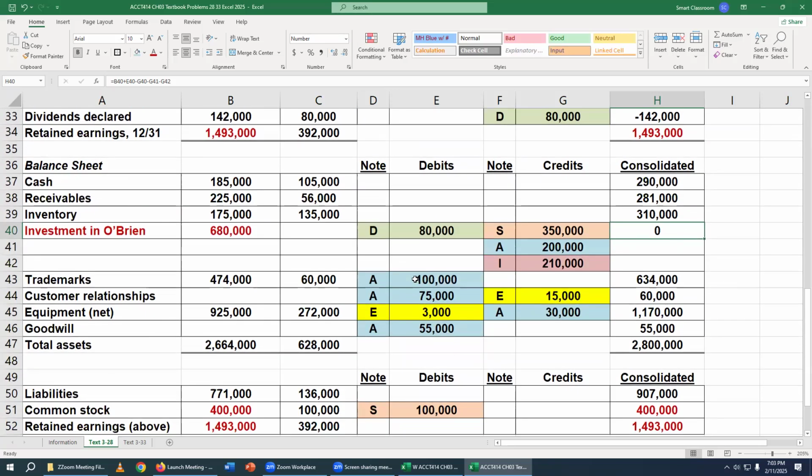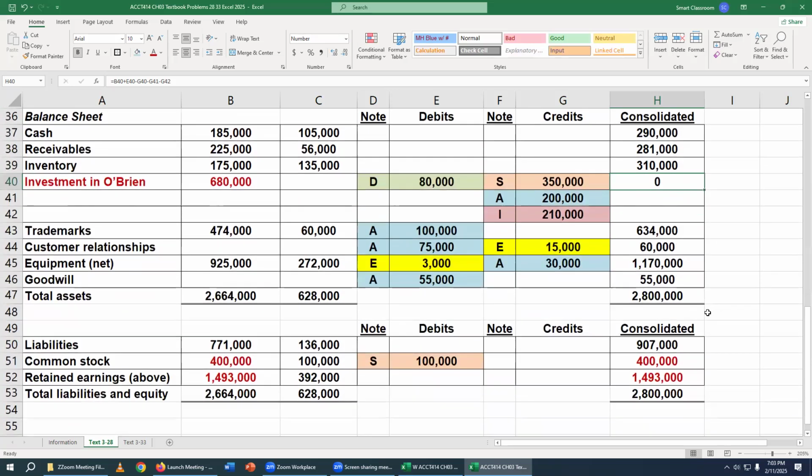Okay, and here's the balance sheet. Let's see something here. If we add these two up, these should just be off by the equity section, and, well, it's not.